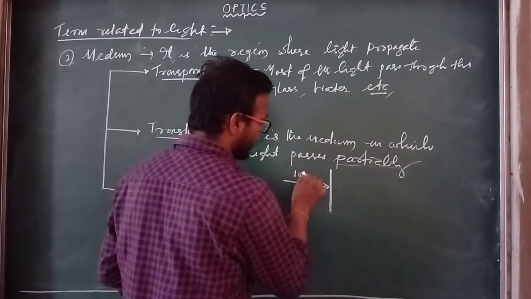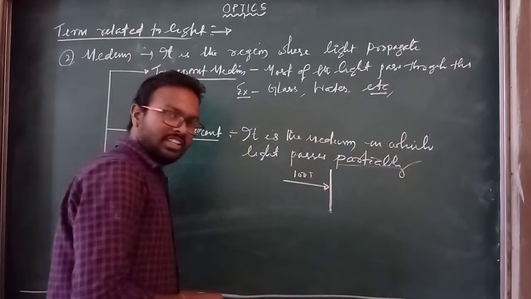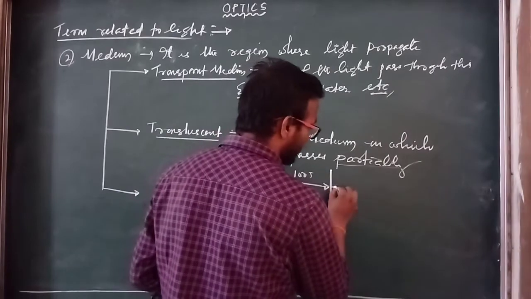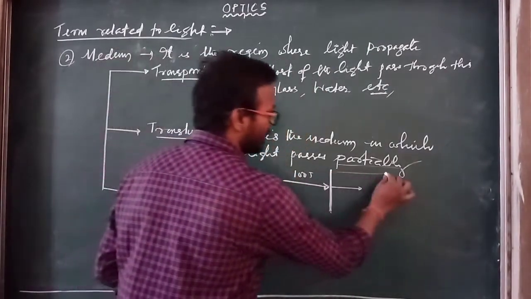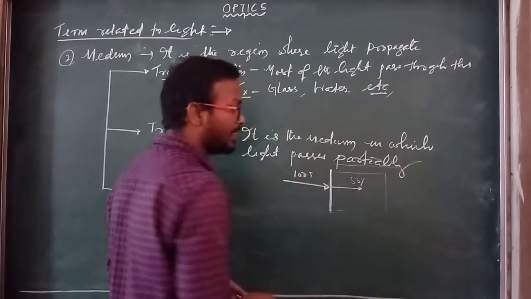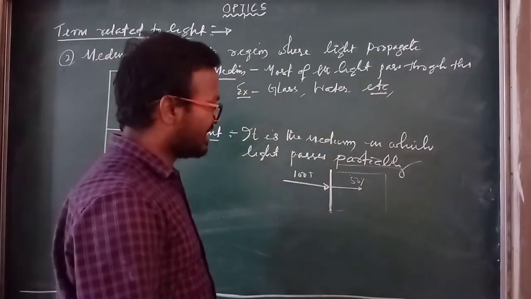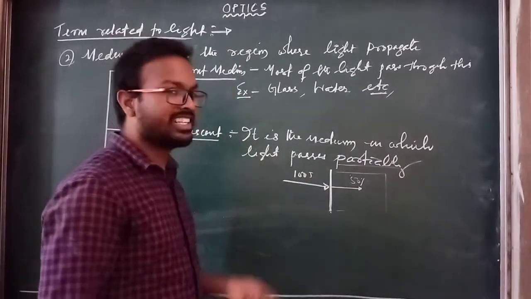If 100 joules is incident here, then the part of the light which is transmitted in this direction, or which travels through this medium, may be 40%, 50%, or 30%, and that type of medium is known as translucent medium.